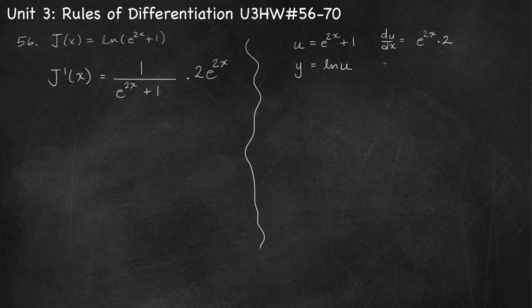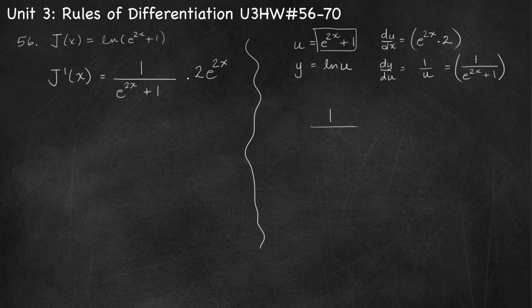Okay, so then I find the derivative of my outside function, my dy du. So the derivative of natural log of u is 1 over u. And u then gets replaced with e to the 2x plus 1, because that's what u is equal to in terms of x. So now my final answer, I have to multiply these two derivatives together.